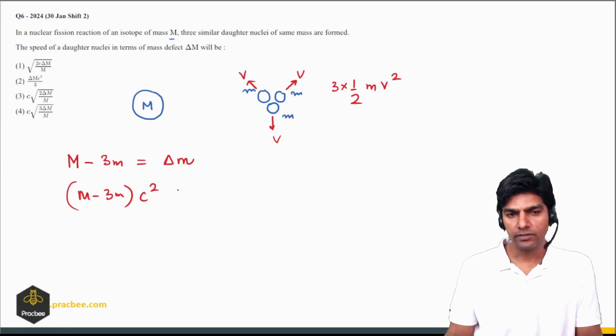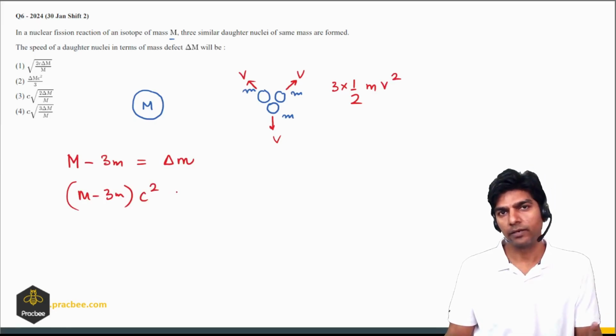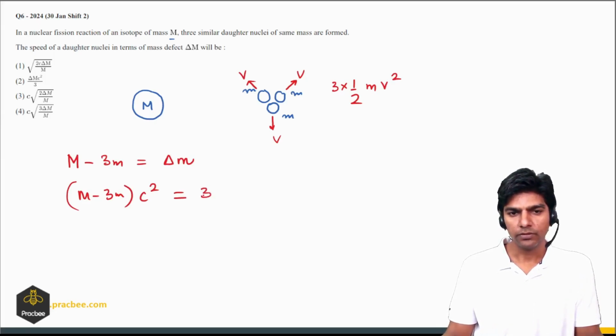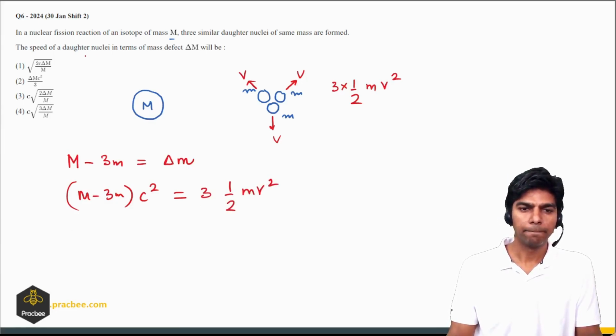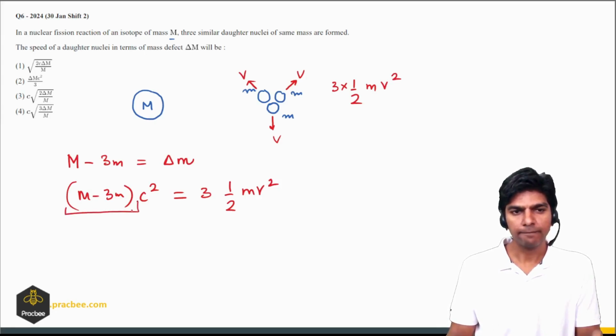So this is the energy released, and this energy will be acquired by the daughter nuclei in the form of kinetic energy. So that should be equals to 3 times half m v square, and we have to find speed in terms of mass defect. So what is mass defect? So this is nothing but mass defect, right?